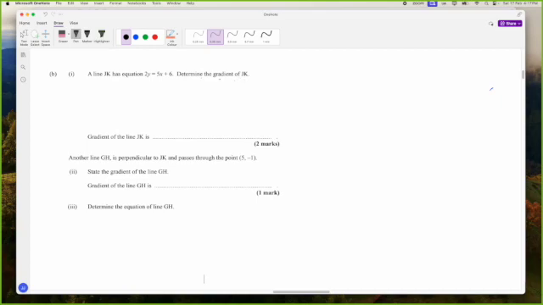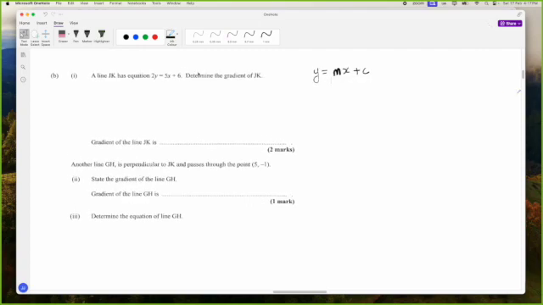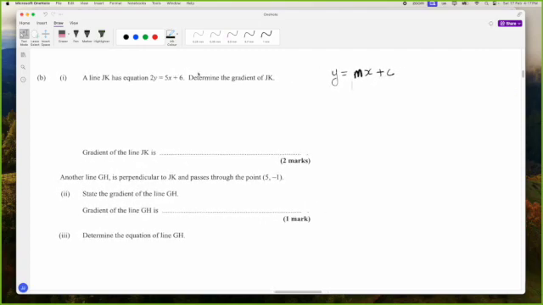Now the thing is, you know that if a line is in the form y is equal to mx plus c, then you just read off the number in front of x, and that is the gradient. So a person who is not aware will go and say, hey, look at how a 5 in front of the x, so the gradient is 5.